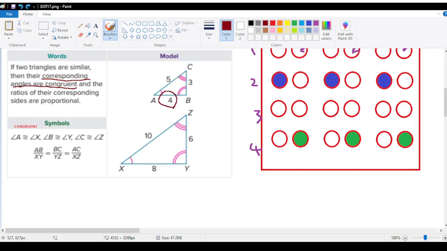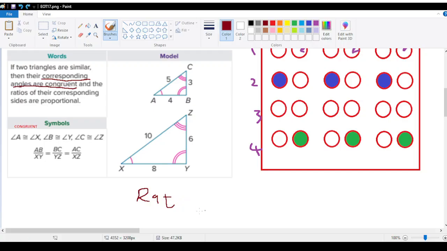Now, this one, 4 became 8. As simple as that. Since we are doubling these numbers, we call this thing, double or triple or whatever, the factor, or we call it the ratio.